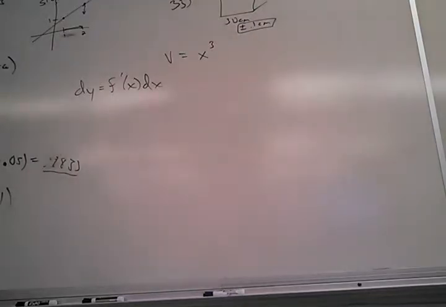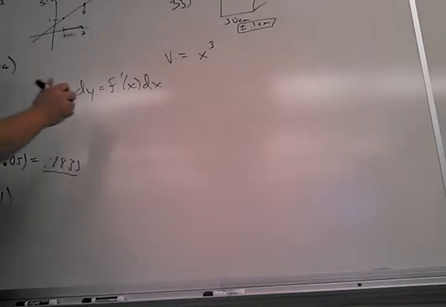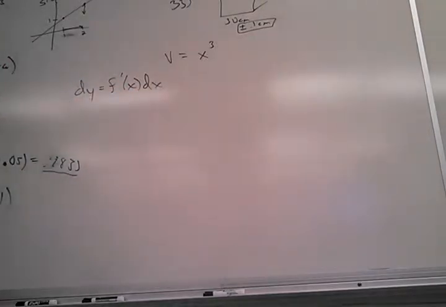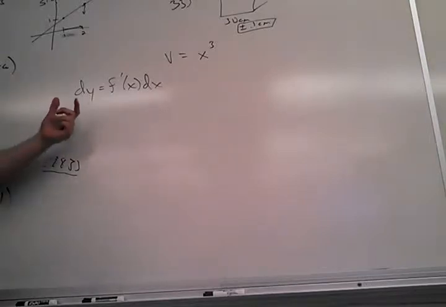Now, in a sense, this works so often, and it's difficult to accept that dy and dx are not truly separate. And in fact, a lot of people, me included, think that they can be looked at like that anyway. But if I divide by dx, isn't that just f prime equals dy dx? And don't we already know that? Yeah. So that's one level of why this is almost silly.